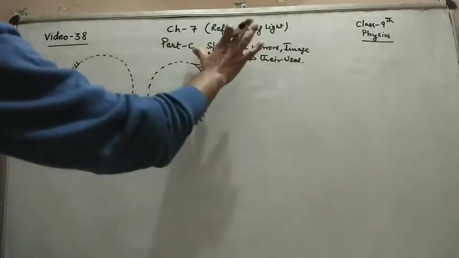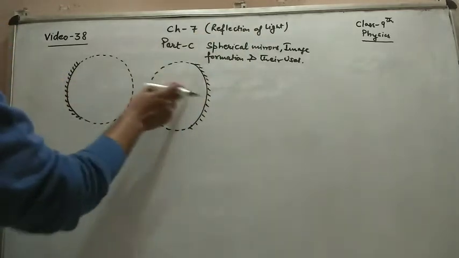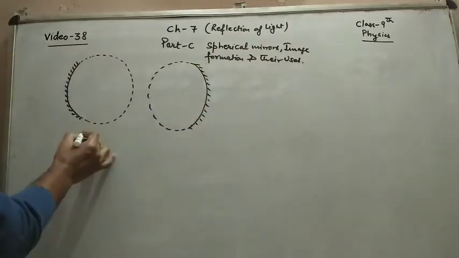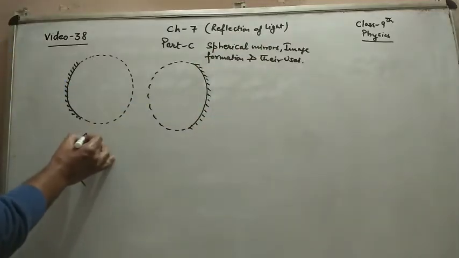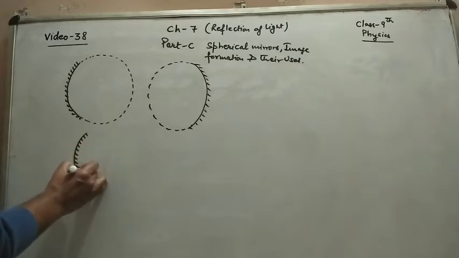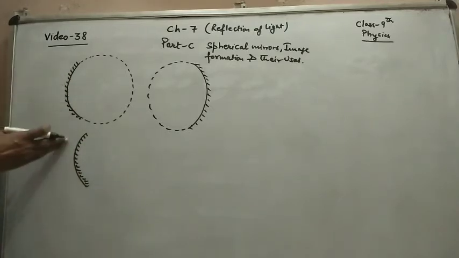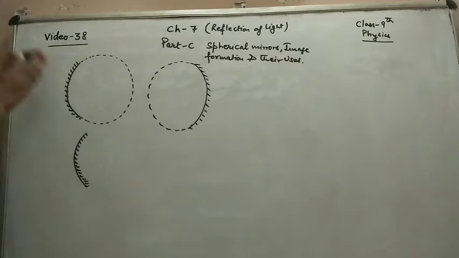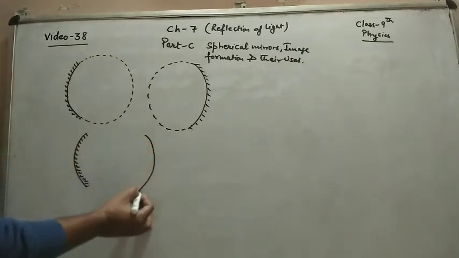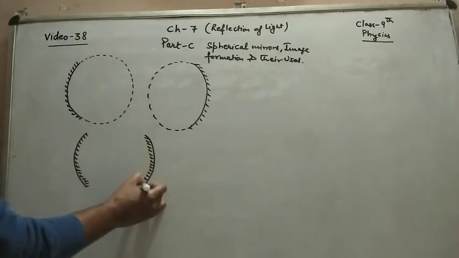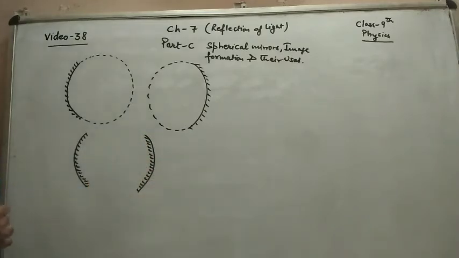So if these both are concave, but if I polish from inside, then it will become convex. There is not much difference. Like here the polish is outside, here the polish is inside. This is also convex. This one is also convex. Okay.